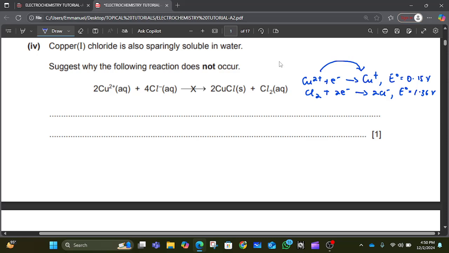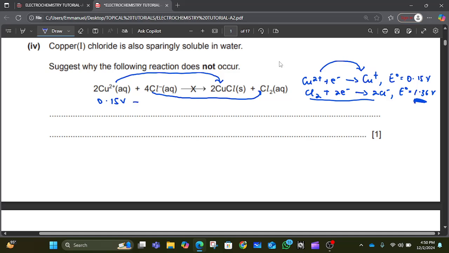Now we can see that to form this cell, the Cu2+ to Cu+ equation has been maintained, so we maintain the electrode potential value at 0.15 volts. But that of the Cl equation has been reversed. In the complete cell, we are rather seeing Cl- to Cl2, which is a reversed equation of this. So we also have to reverse the sign of the electrode potential value when doing the calculation.